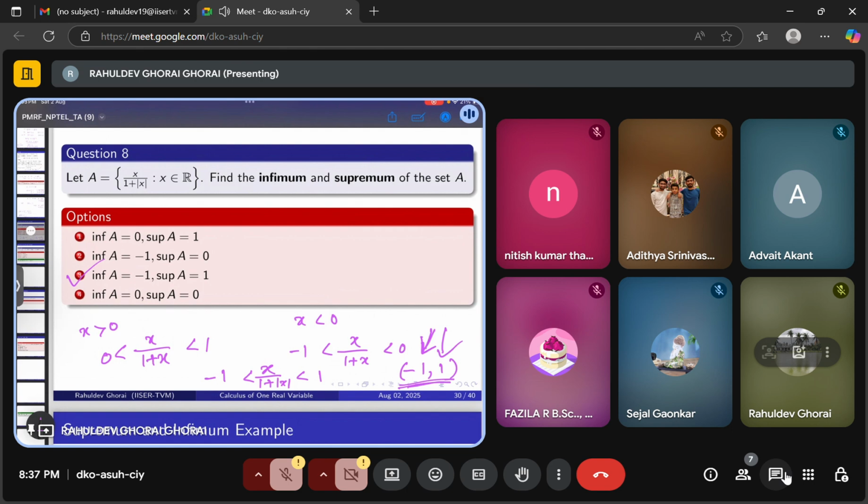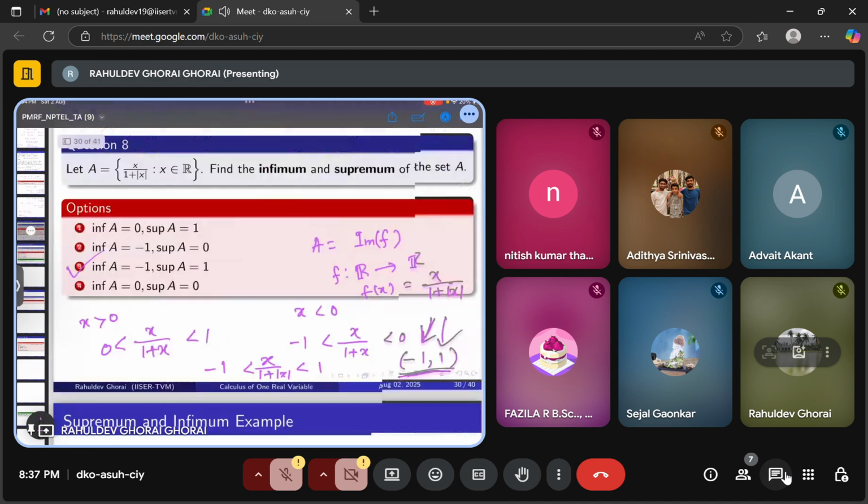This set A is nothing but the image of the function f, where f from R to R is defined as f of x equal to x over 1 plus mod x, right? We found that minus 1 to 1 is the image, and because continuity is there, the infimum will be minus 1 and the supremum will be 1.